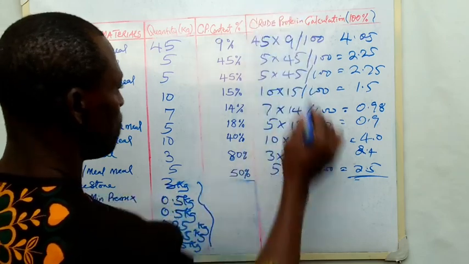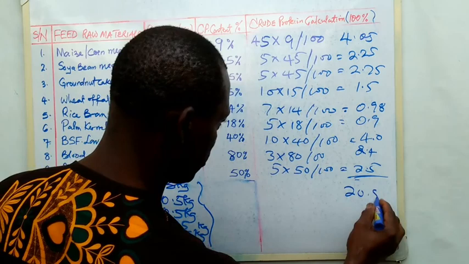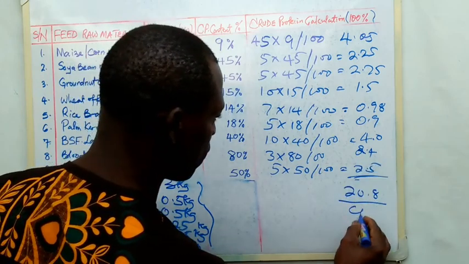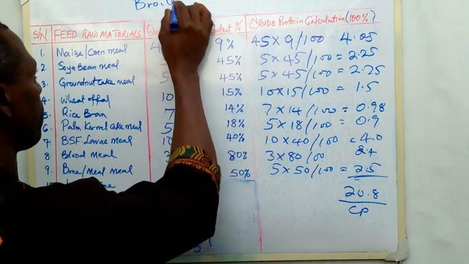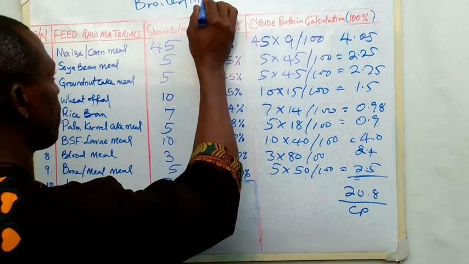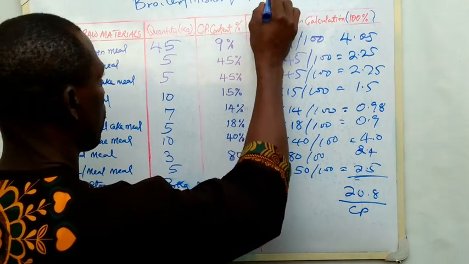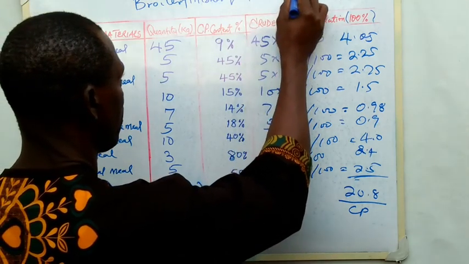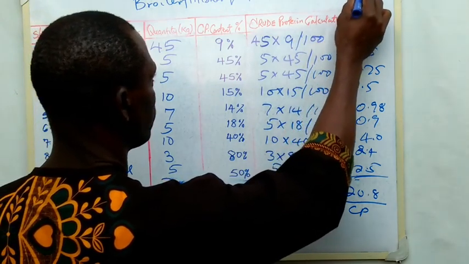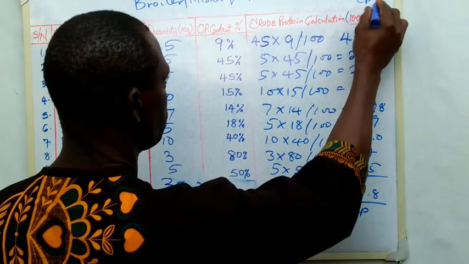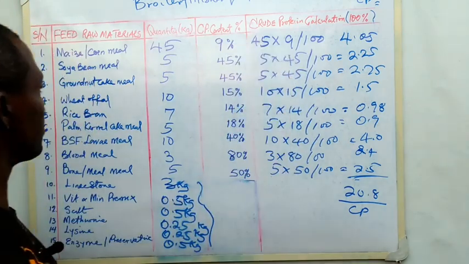This is 20% crude protein. This is good for broiler finisher with BSF Larvae, 20.8 CP. Please, you can see how we got all this.